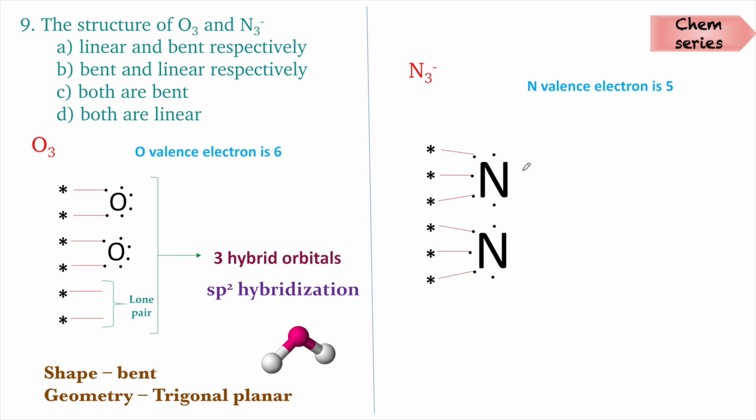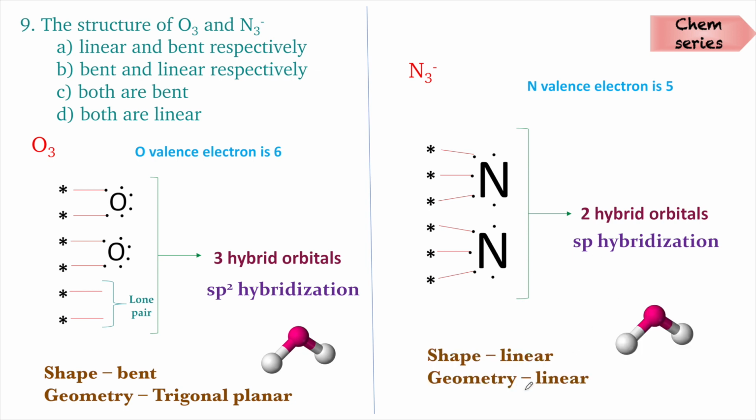Nitrogen usually forms triple bonds, right? That's why it takes up all the valence electrons of the central nitrogen atom and forms 2 triple bonds. So totally there will be only 2 hybrid orbitals, that is sp hybridization. The geometry is linear and the shape is linear. So what are the structures? O3 is bent and N3 minus is linear. Option B is correct.